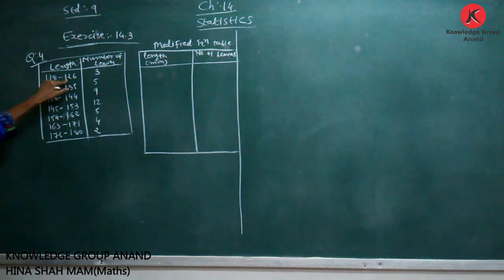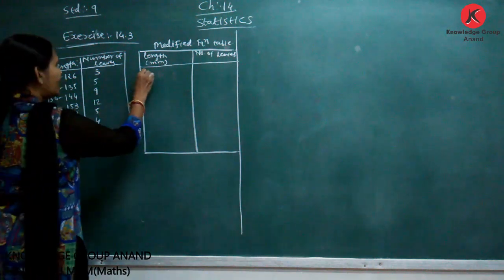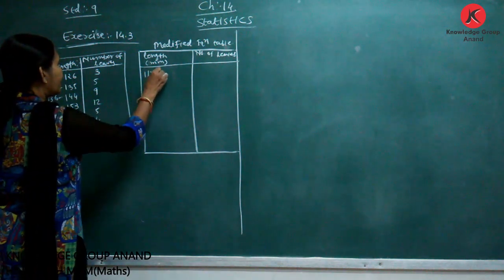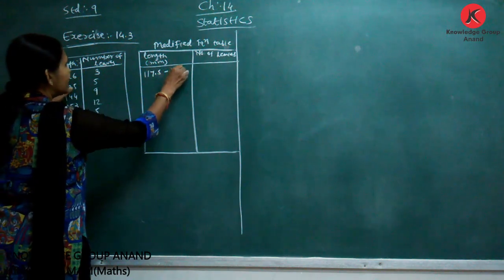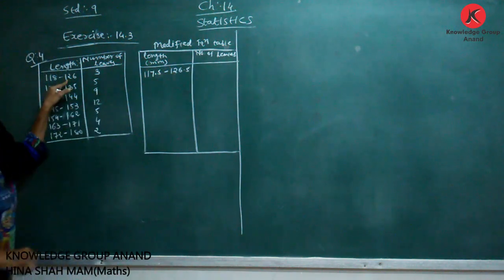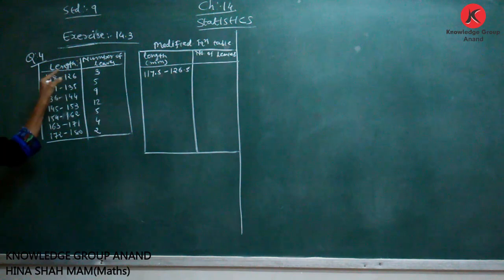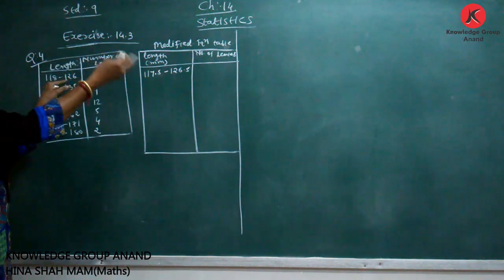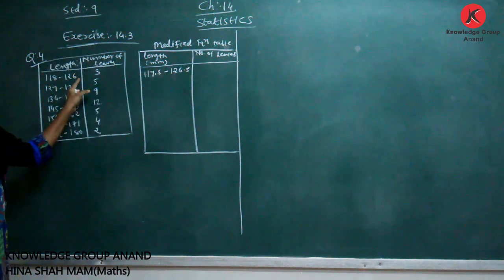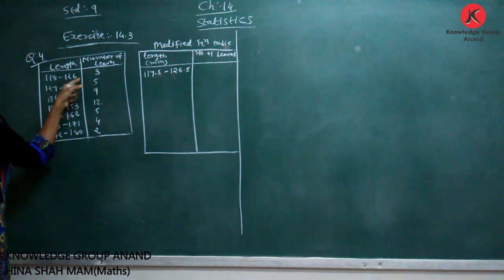For 118 to 126, we write its lower limit point and upper limit point. Here its lower limit is 117.5 and upper limit is 126.5: 0.5 less for the lower limit and 0.5 greater for the upper limit.